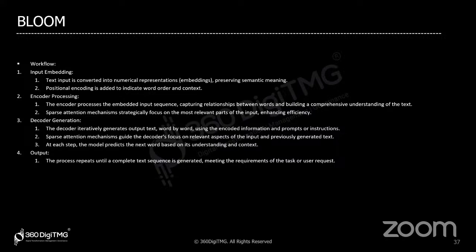Firstly, the encoder will take the input and process it with its attention mechanism. And then the decoder will generate the output based on the input. Okay, then output. The process repeats until a complete text is generated, meeting the requirement of the text or user request.